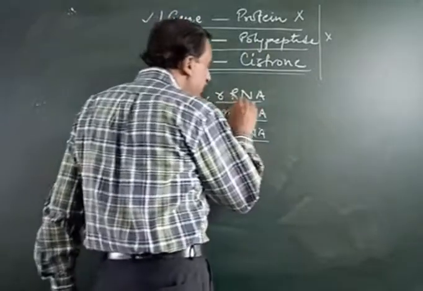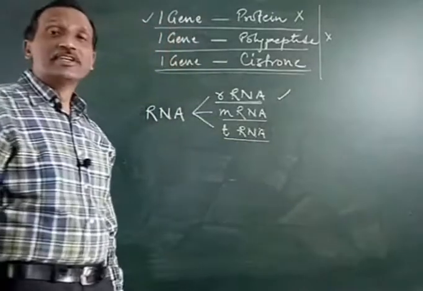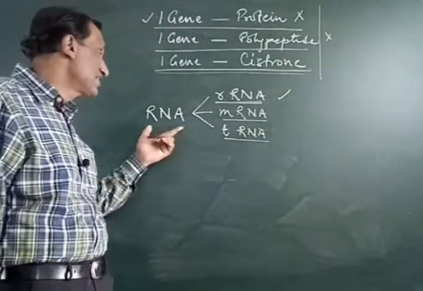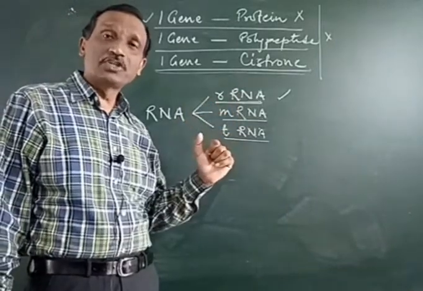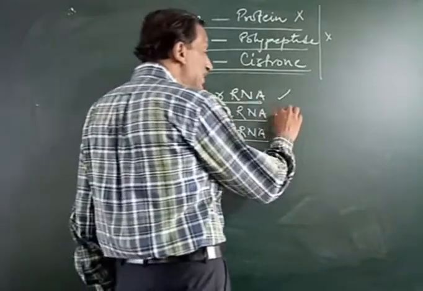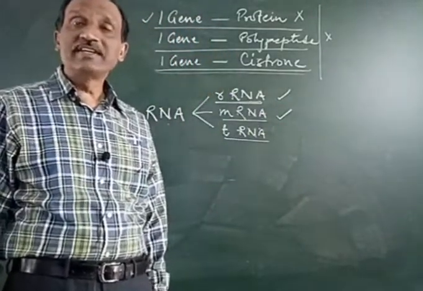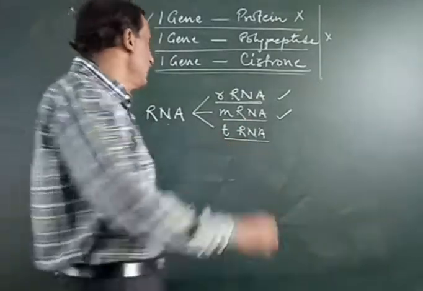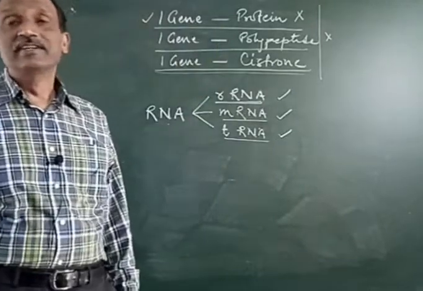Say, for example, even rRNA is a function of DNA, and since DNA is making RNA, it should also be considered a gene. DNA making a set of mRNA should also be considered a gene, and DNA making a tRNA should also be considered a gene.